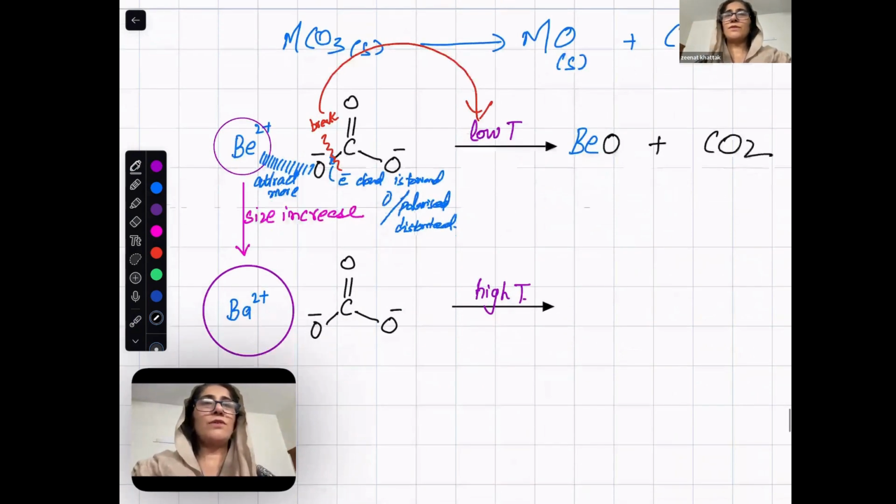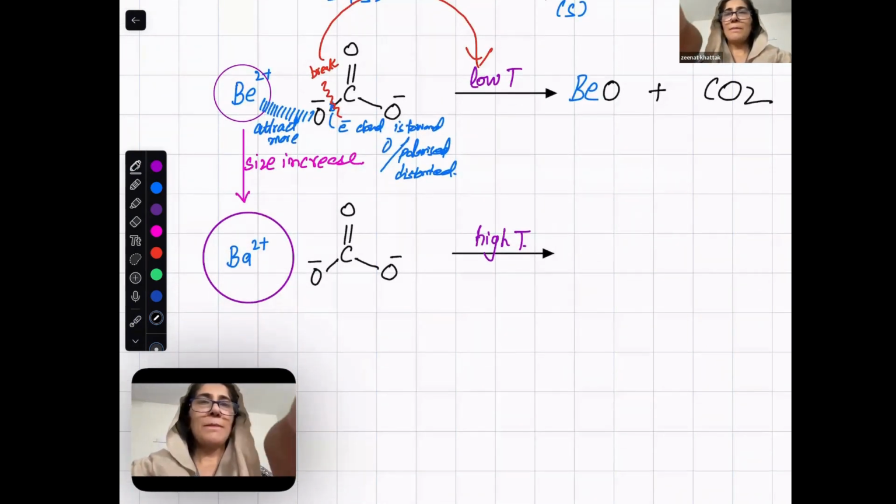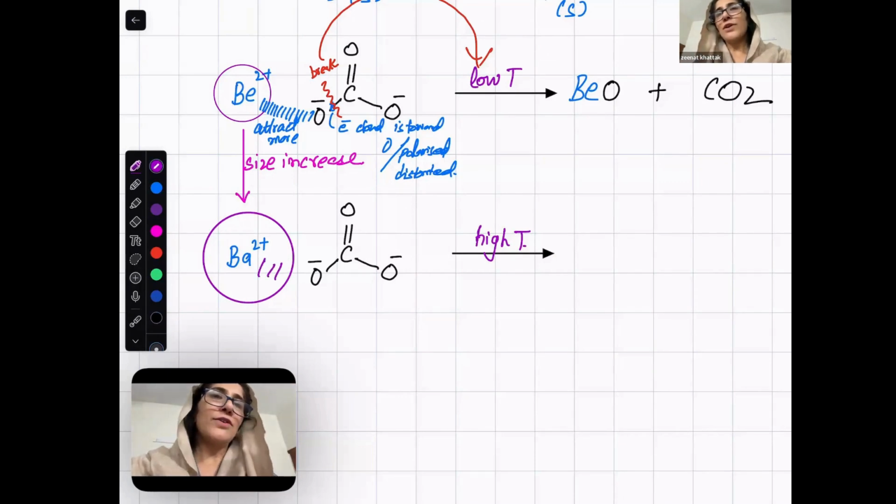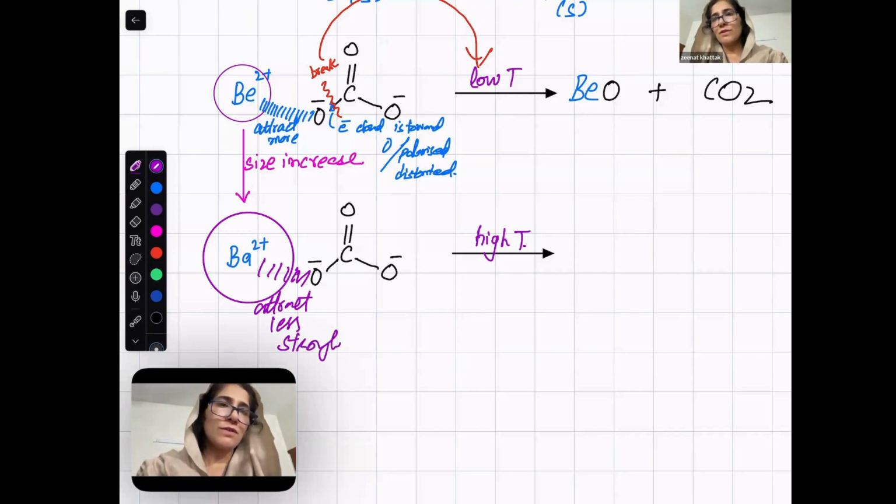Now, look, barium attracts less strongly because its size is large. This bond is less polarized.